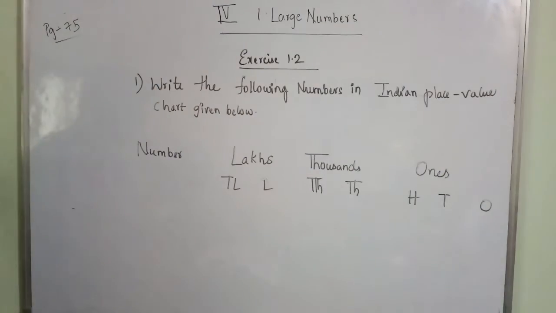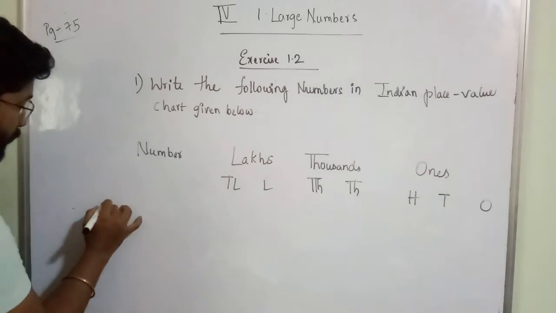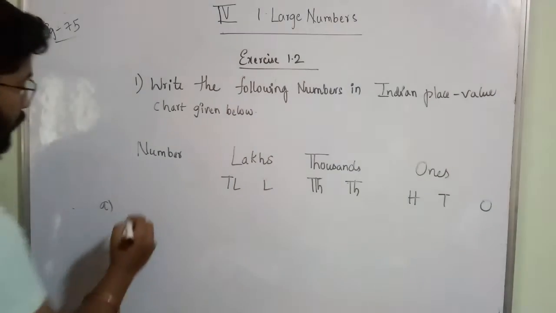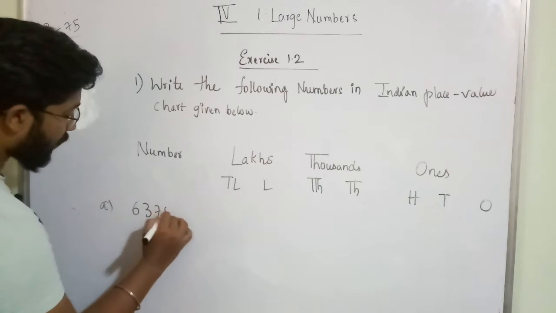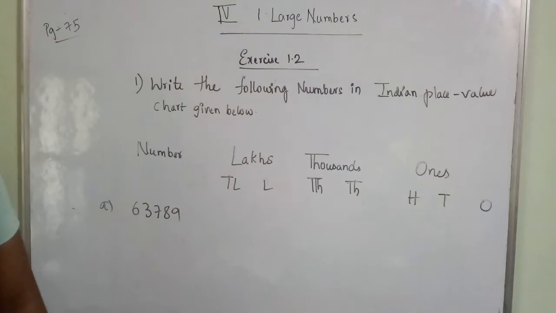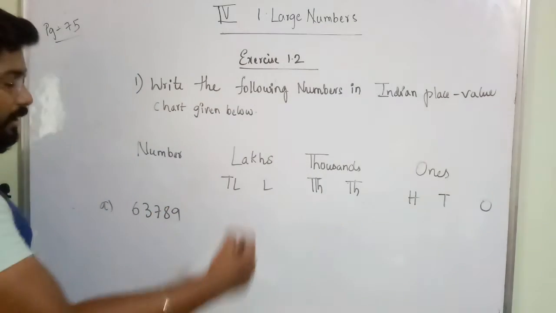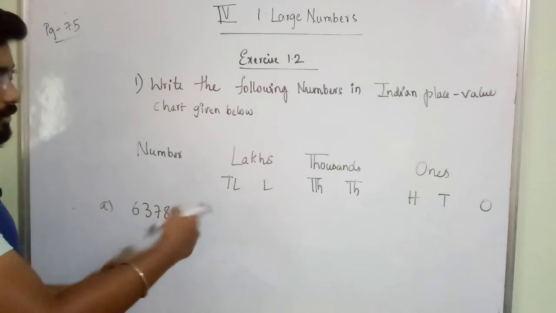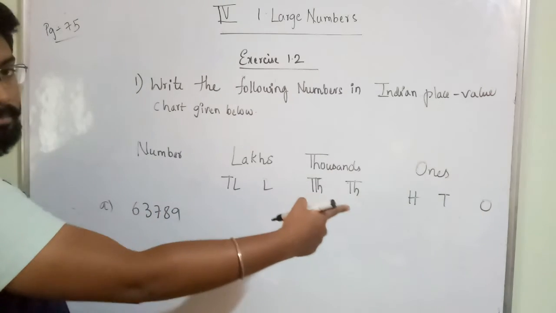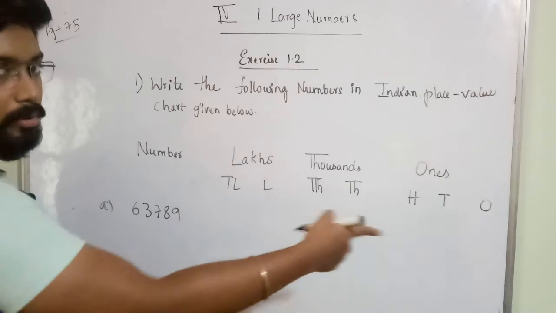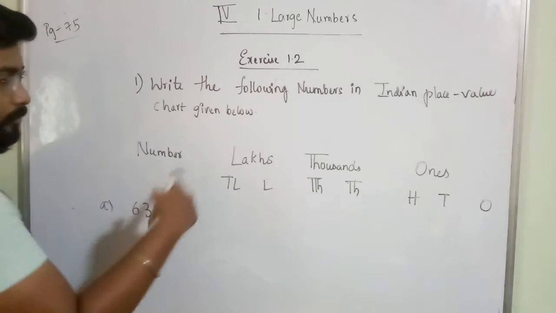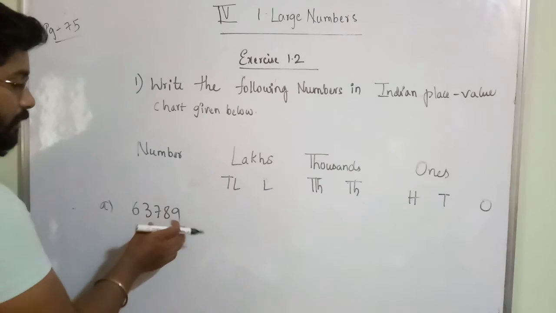Okay, so let us see the first number. You have to arrange them under the place values. 63,789. So you have to arrange here. What I said, from the last digit you have to arrange. This last digit should come in the ones place, next under the tens digit, like that.